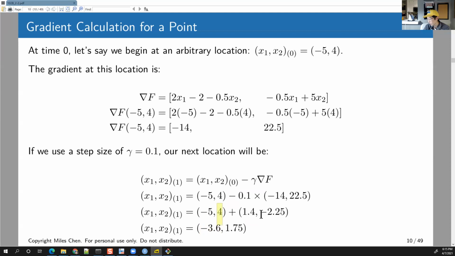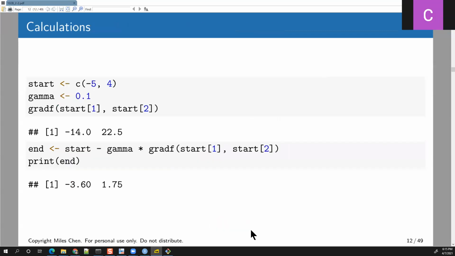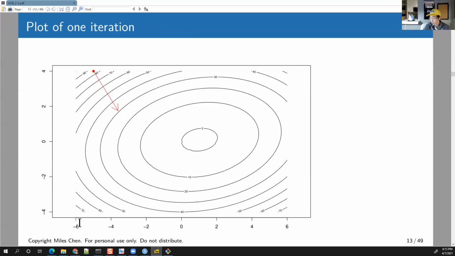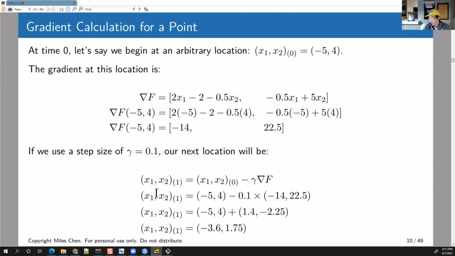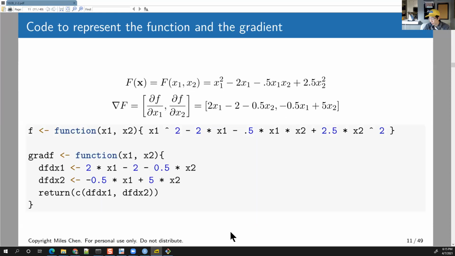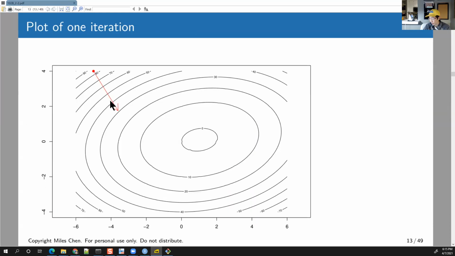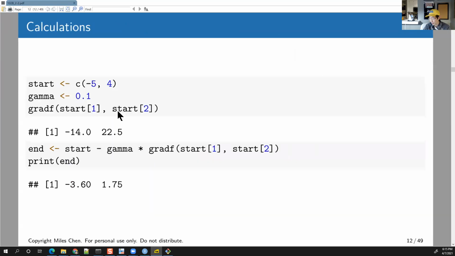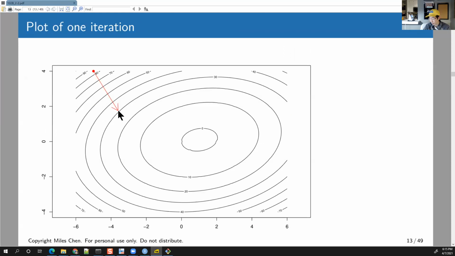And then I've got 4 minus 2.25, and that takes me to 1.75. Okay, and so if I plot this, -5, 4 is here, and the resulting spot is going to be -3.6, 1.75, which will go from here over to here. What did I say? -3.6 and 1.75 is going to be this coordinate here.